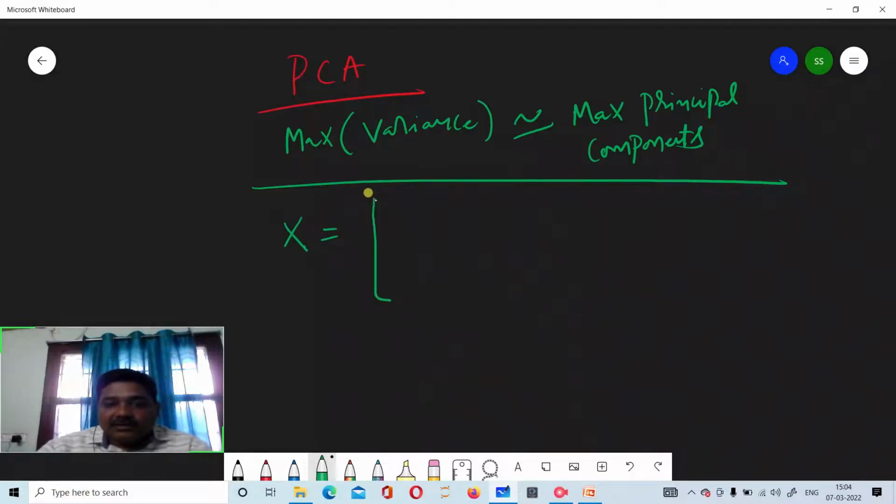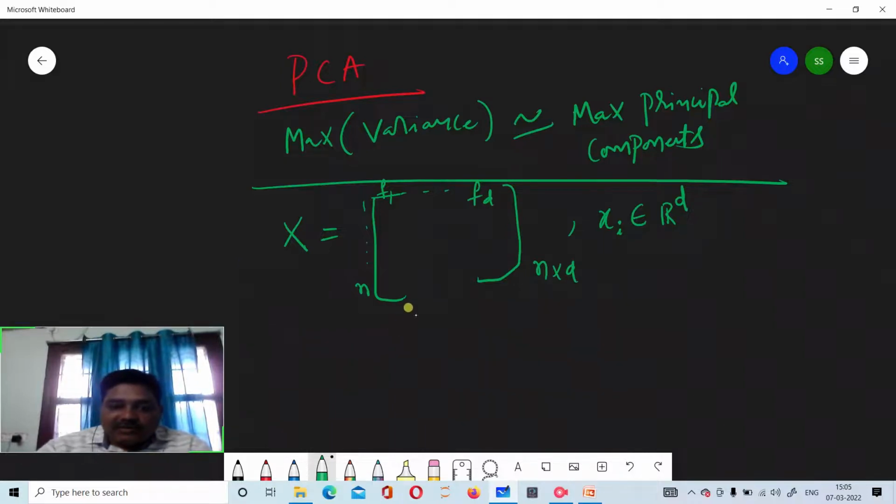Our idea is higher dimensional data, X. That is n observations, 1, 2, and so on up to n, and it is d-dimensional: feature 1, and so on, up to feature d. So it is n cross d. Each xi, your data point, belongs to the real numbers, R^d.